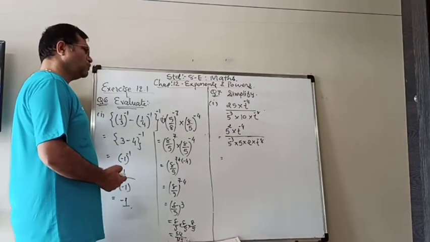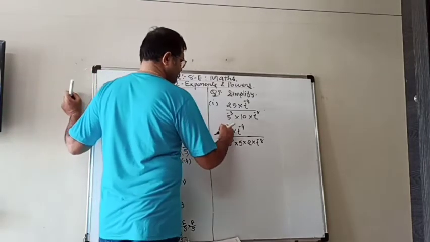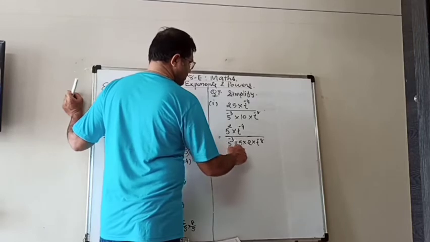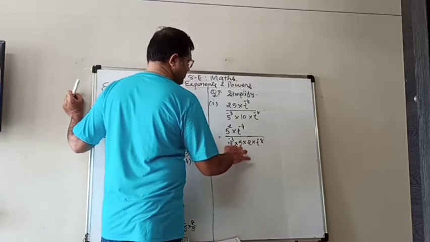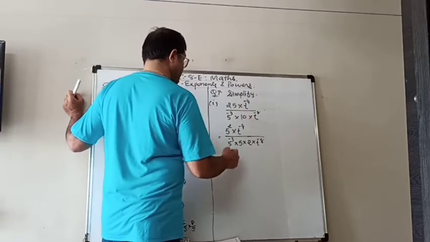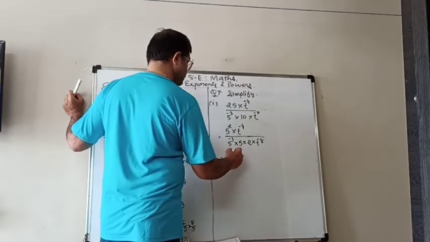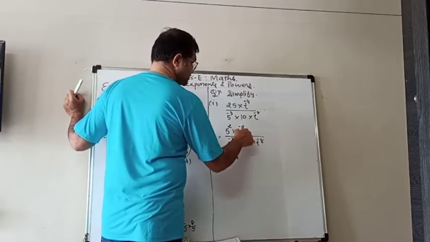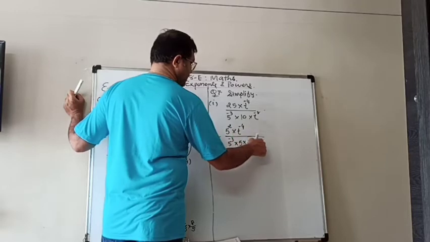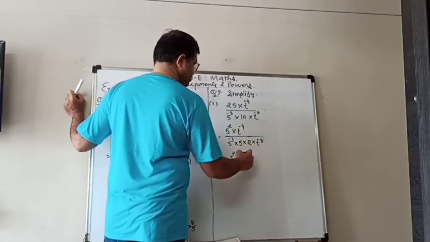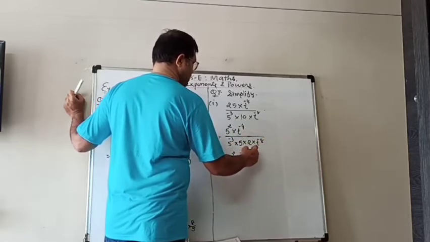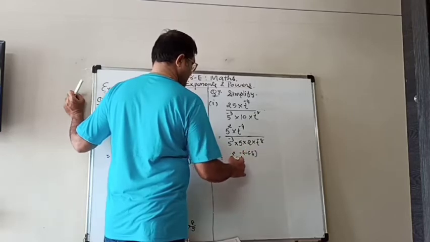So now you can see that here it is multiplication with the same base, so you can apply the first rule. Here also you can see that it is division and the bases are the same, so you can write t raised to minus 4 minus 8.